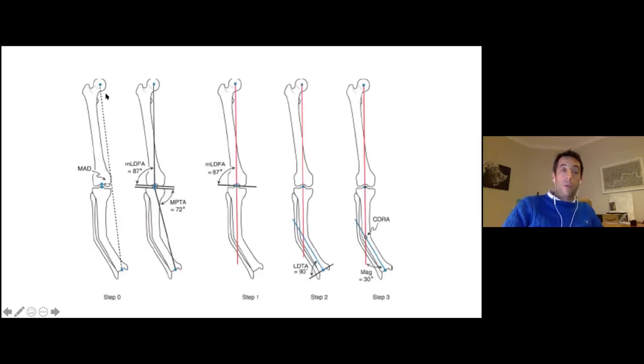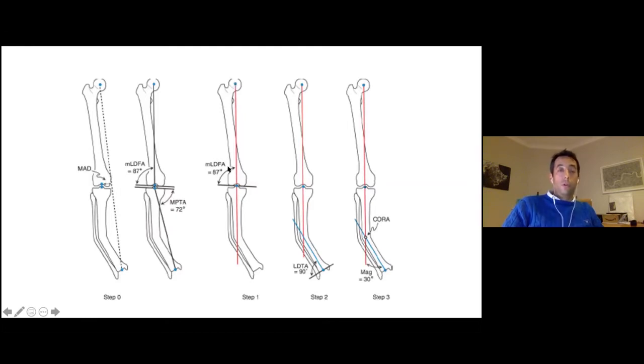So here, just so we go a little bit further, malalignment test, right, bone's not normal. Malorientation test, okay. Distal femur, pretty normal. Proximal tibia, very abnormal.